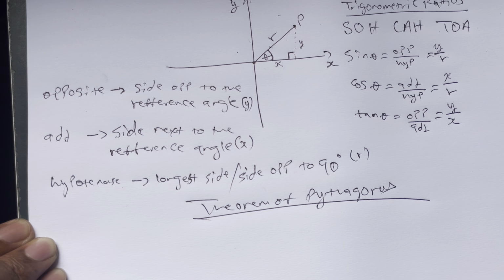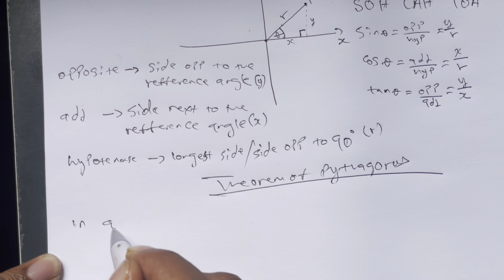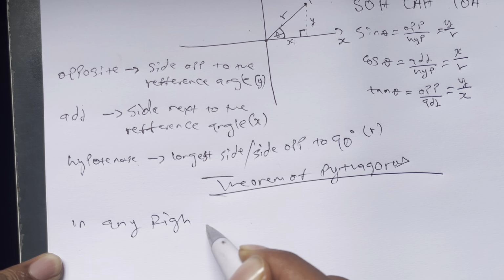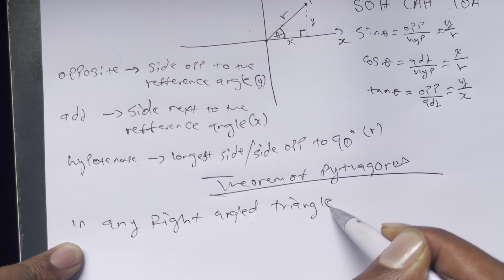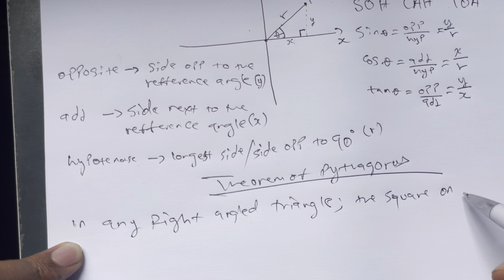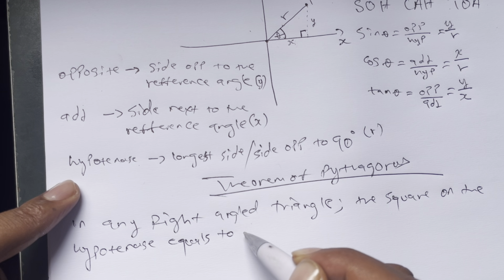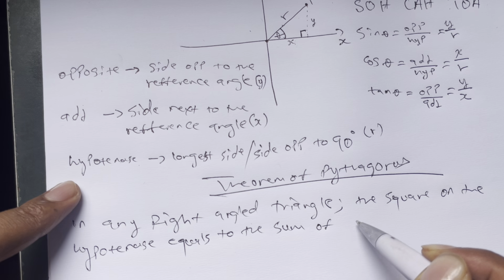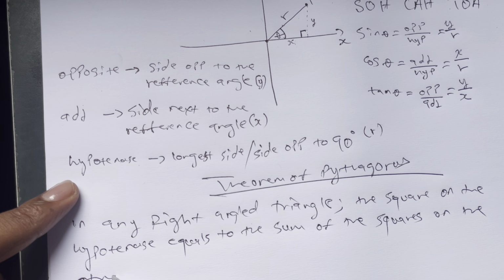We know that the theorem of Pythagoras says that in any right-angled triangle, the square on the hypotenuse equals the sum of the squares on the other two sides.